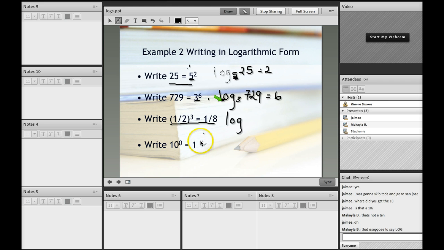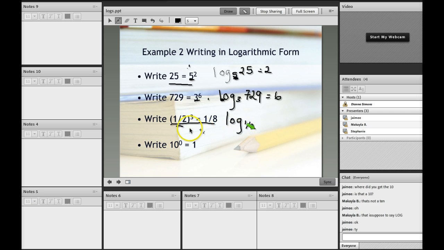Yeah, thank you, Michaela. That is true. That is supposed to say log, L-O-G. All right, so for this one right here, what is my base? The half. The 1/2. Yeah.